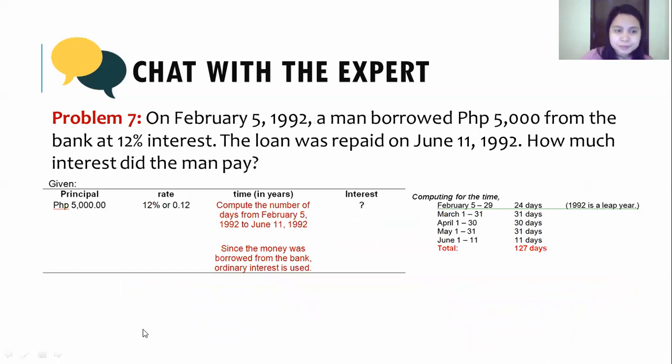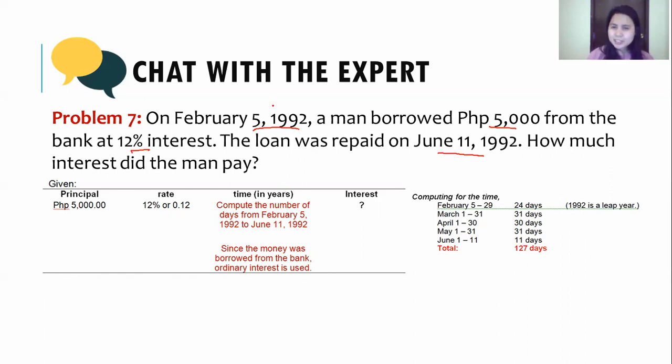For example, on February 5, 1992, a man borrowed 5,000 from the bank with 12% interest. The loan was repaid on June 11, 1992. How much interest did the man pay? Now, here's one thing that you need to be very careful about.